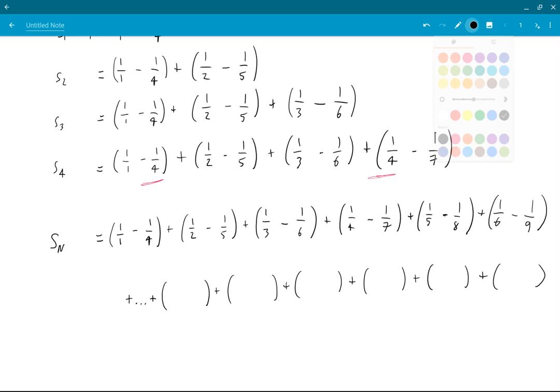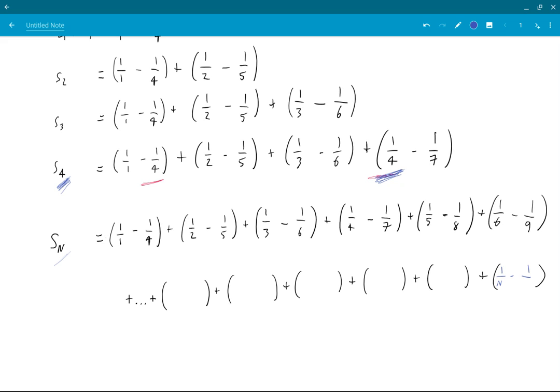Okay, if I look at S4 for a second. When I had 4 here, I ended on 4 here. For that reason, when I have N here, I'm going to end on an N appearing here.